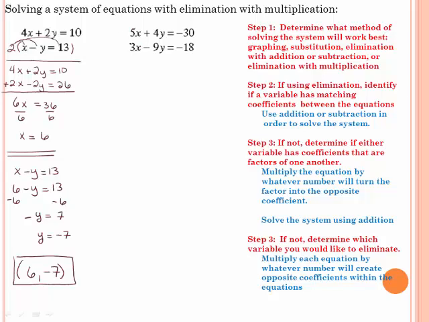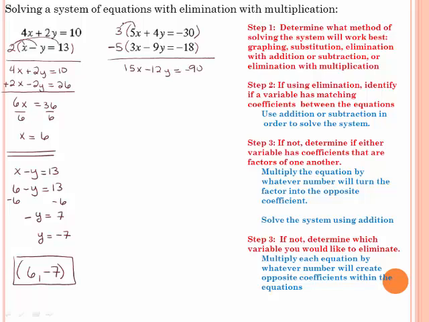So 5 and 3 will both go into 15. So I multiply this whole equation by 3 to turn this 5 into a 15. And I multiply this entire equation by 5 to turn this 3 into a 15. But I want it to be negative so that they'll cancel. So I'm going to multiply by negative 5. This is going to give me an updated system of 15x minus 12y is equal to negative 90.